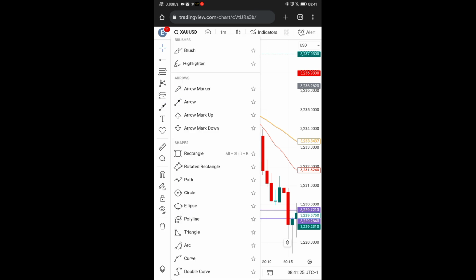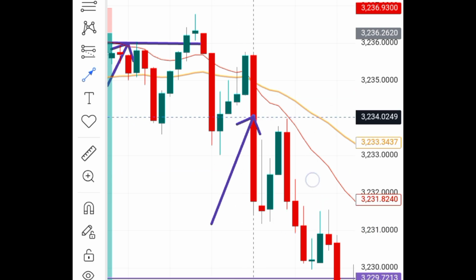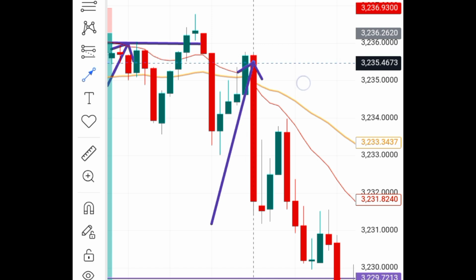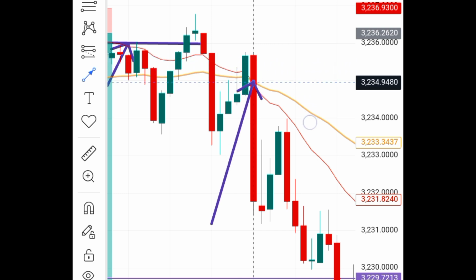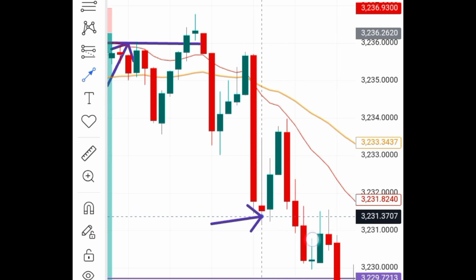You see this candle was too high, it was too long. You can't place a trade here. This candle that comes out of this zone after these two indicators have crossed each other was very long.